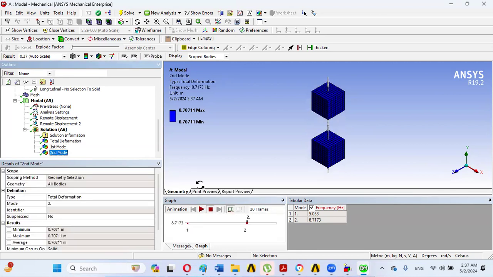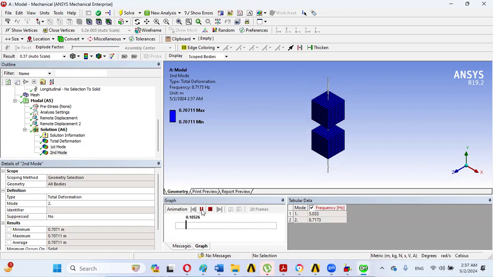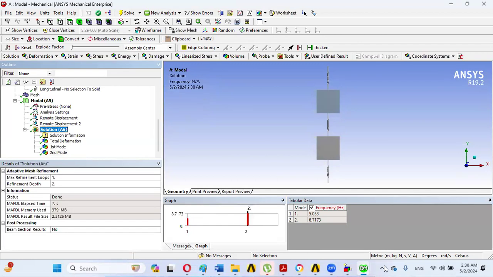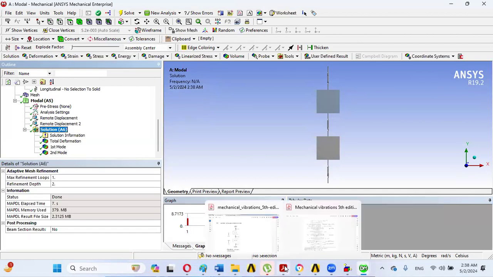And if we oscillate the second mode, we can observe that both masses are moving in the opposite orientations. So from the sidewise view, they can be shown here. And now we will be verifying the modal frequencies in hertz.